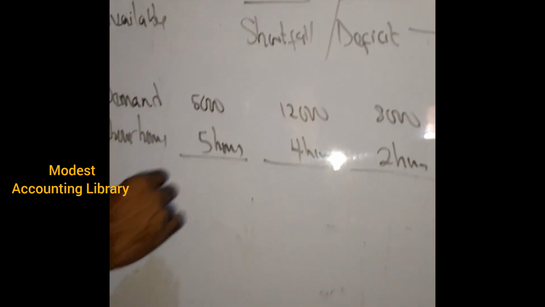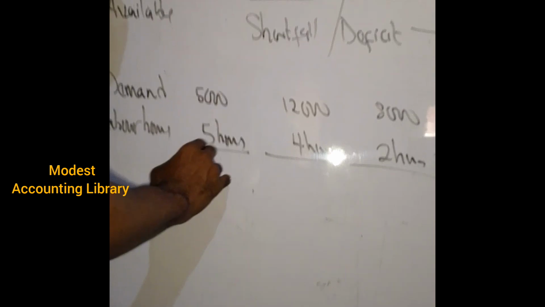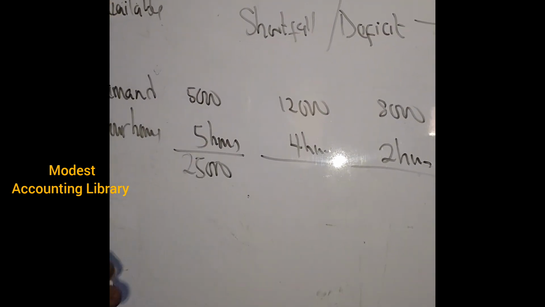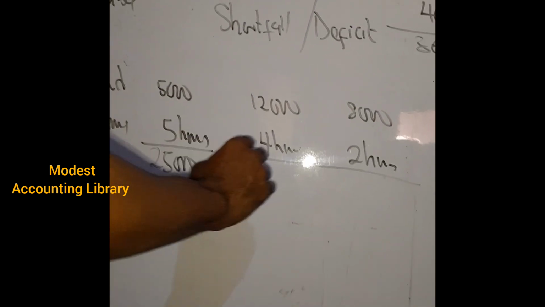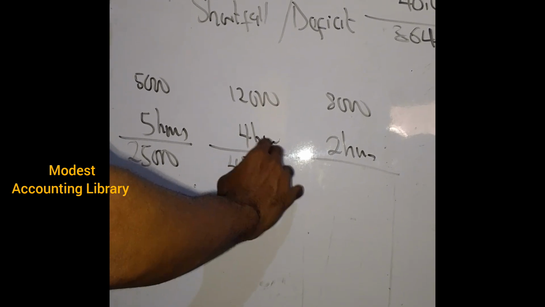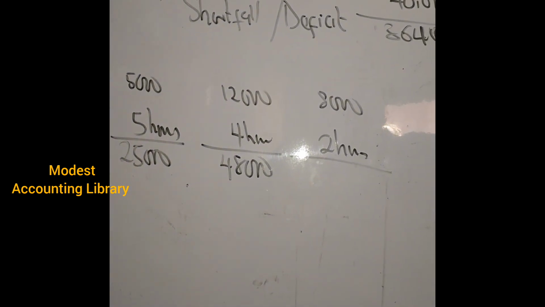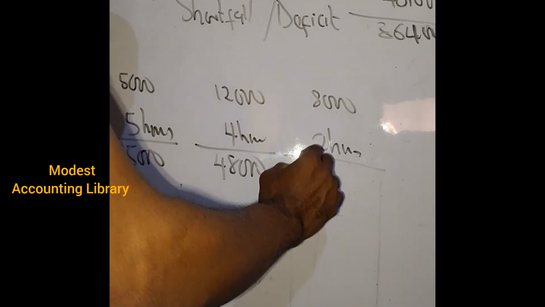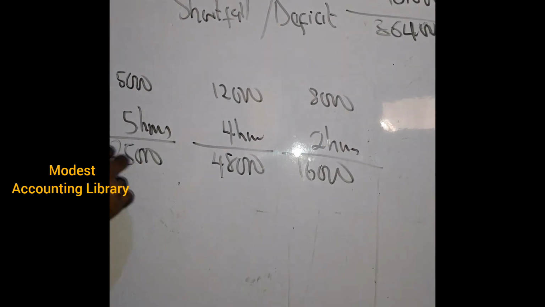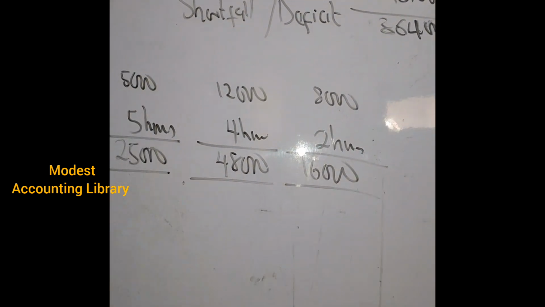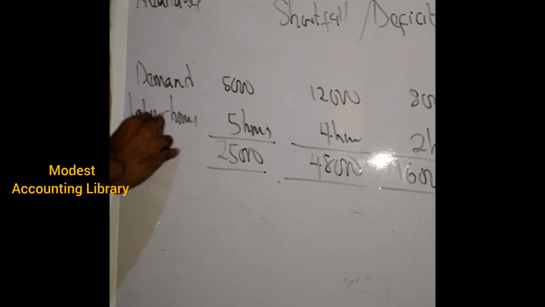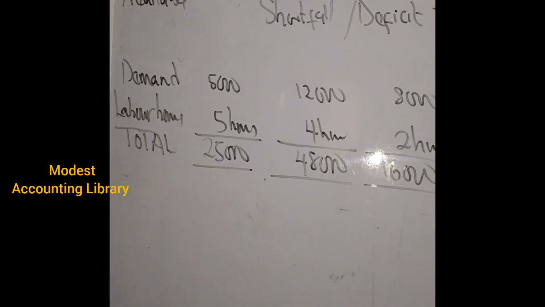So 5 times 5 will give me 25,000. This 25,000 labor hours. 12 times 4 will give me 48. This 48,000 labor hours. And 2 times 8 will give me 16,000 labor hours. So I'm going to total this. This is total. Right?